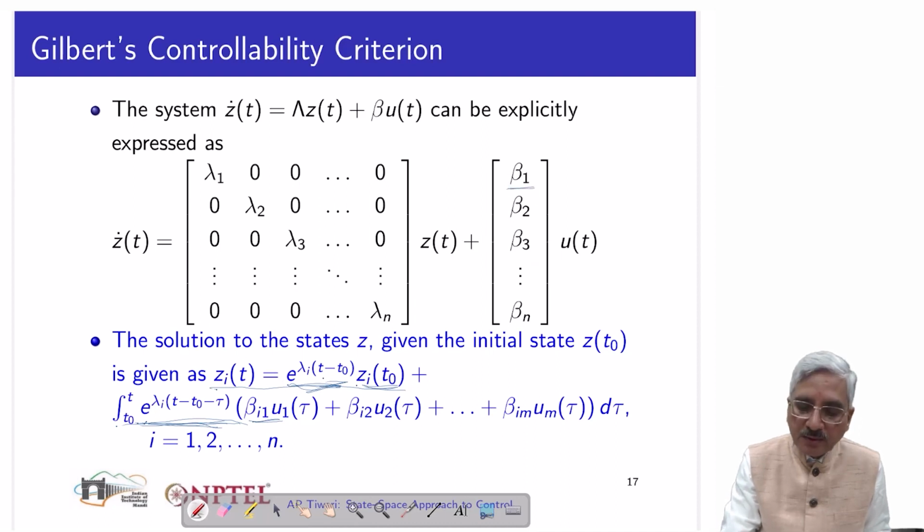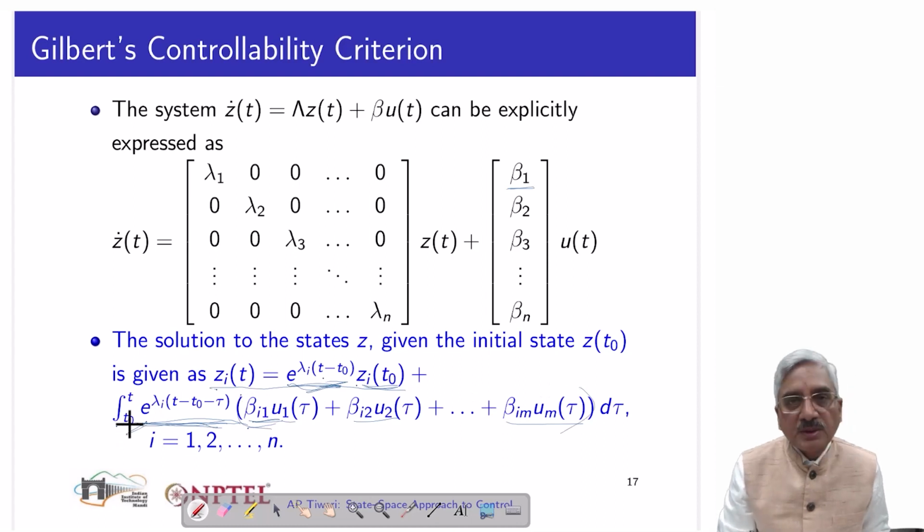So for example, if you consider beta 1 row, then beta 11, beta 12, etc. For the ith row, beta I1 into the first input, beta I2 into the second input, and so on. These all contributions taken together are to be integrated between T0 to T. Now what happens if the entire row is 0? That means beta I1 is 0, beta I2 is 0, and so on, all elements up to beta Im are 0.